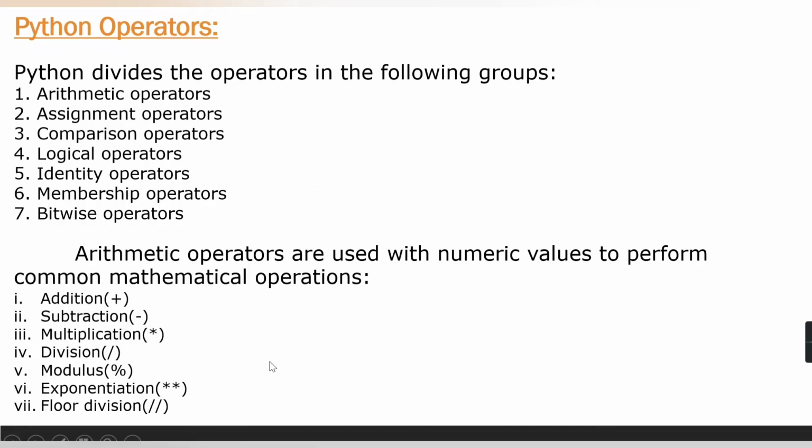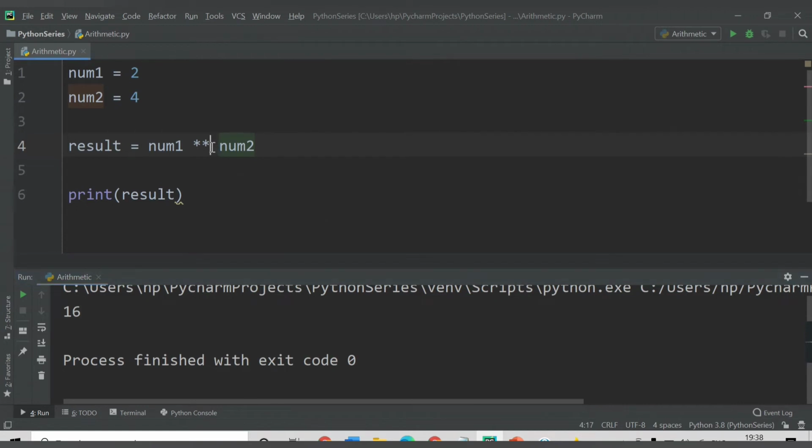Another one is floor division. It is represented by this double slash. Let's say I have the first number as 11 and the second number as 3. So here it will be 11 floor division by 3. Let's see what it returns.